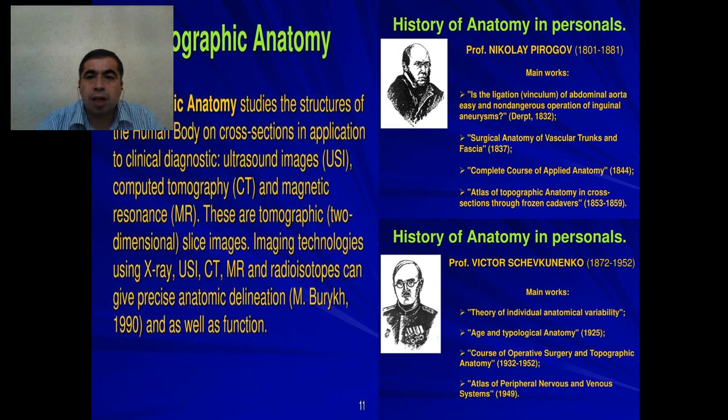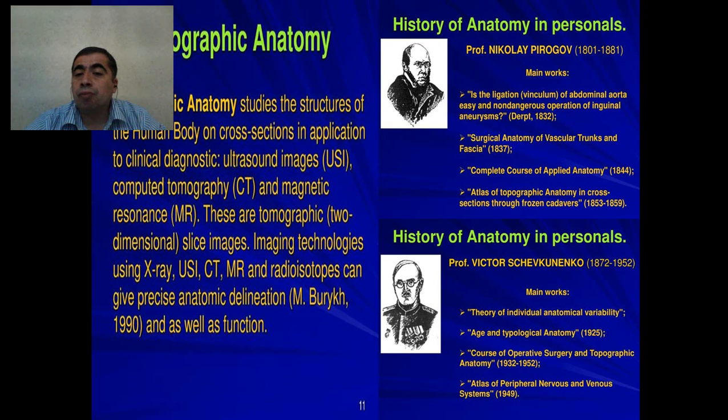And yes, in these slides you are looking at the pictures of Professor Nikolai Pirogov. His main works: the ligation of the abdominal aorta, an easy and non-dangerous operation for inguinal aneurysm.